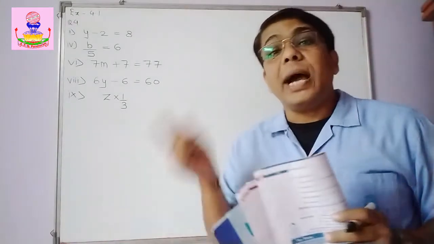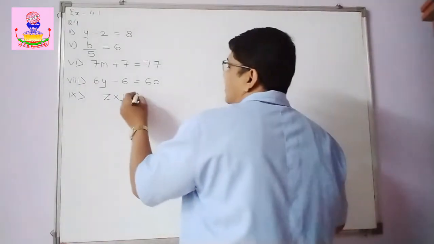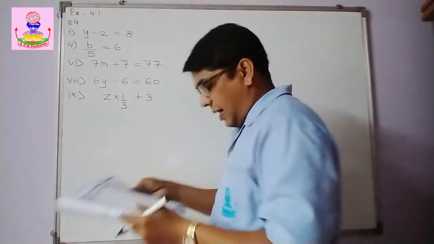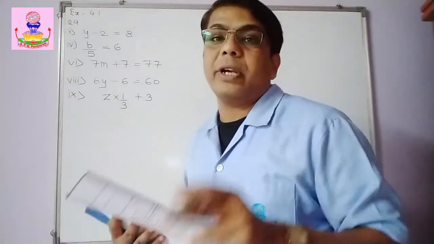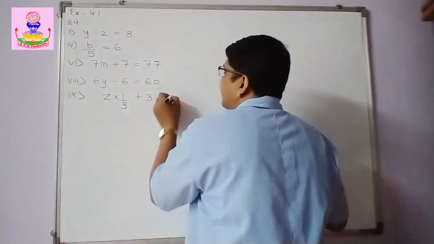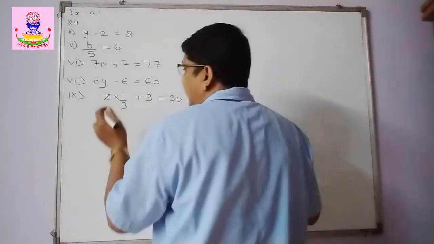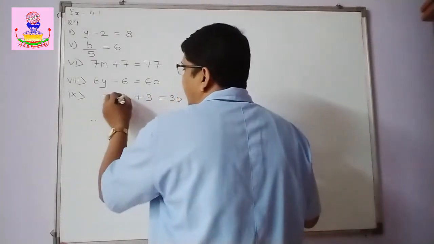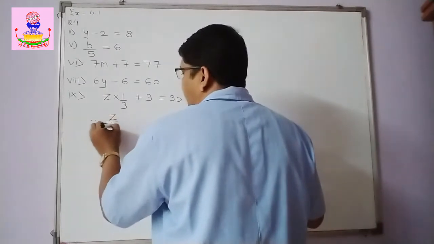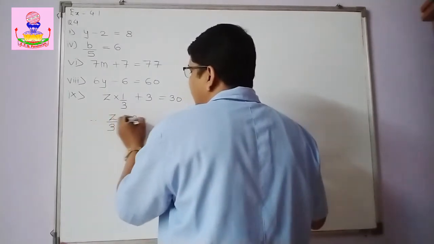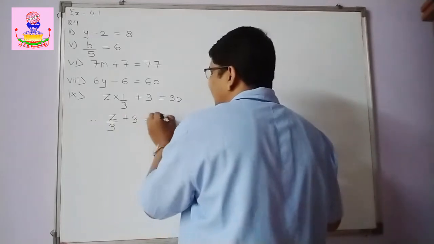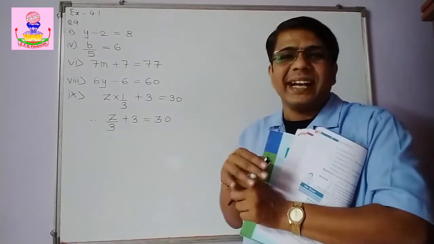And you add 3 to it, so plus 3. And you get 30, so that is equal to 30. Therefore, I can write this as z upon 3 plus 3 equals 30.